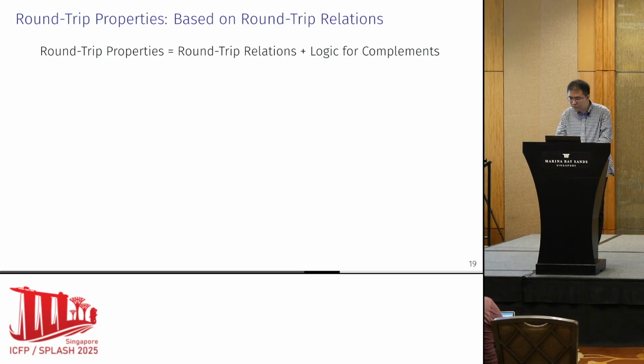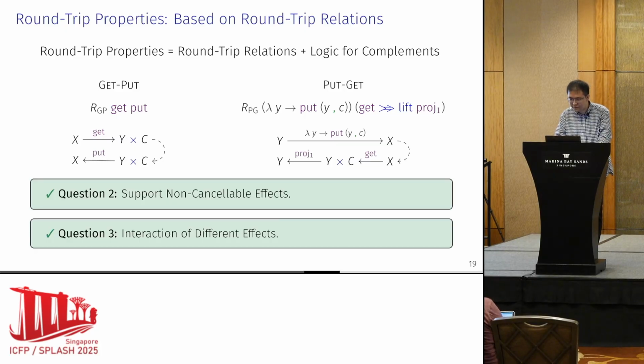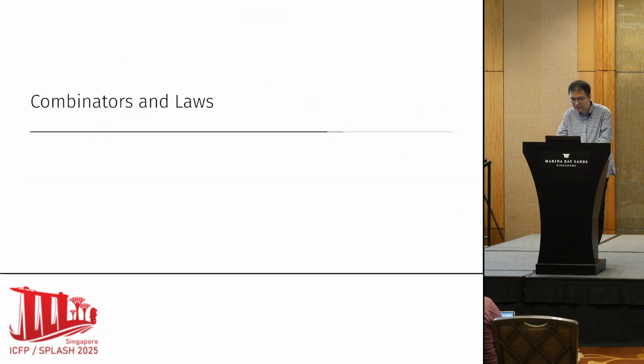And based on these round-trip relations, we add the extra logic to handle the complements, and we get the round-trip properties for lenses. And it can be specified using a pair of round-trip relations because we have two different round-trip properties. And then the other two questions are addressed.